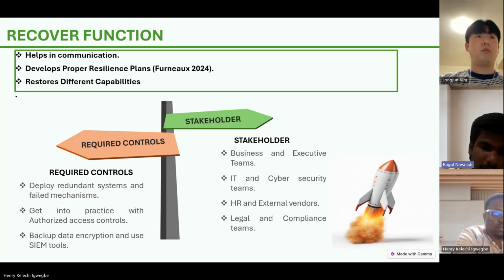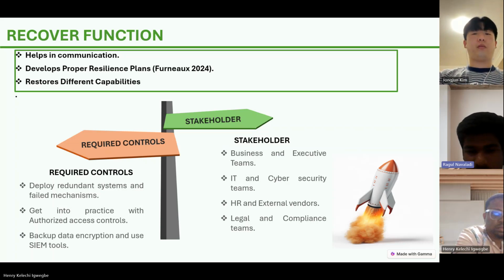Going to the stakeholders, we have business and executive teams. These teams are major stakeholders for this function. Then IT and cybersecurity teams, who do the recovery function, because they are more into the system, so they know they have to do these recovery things.